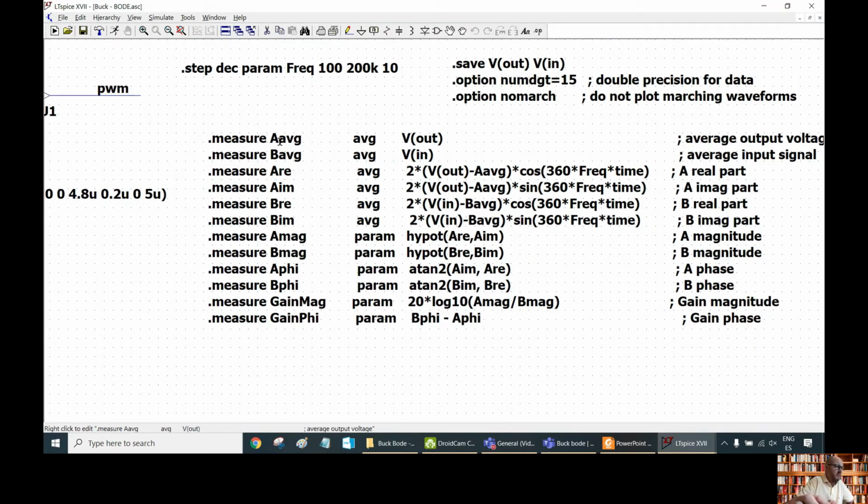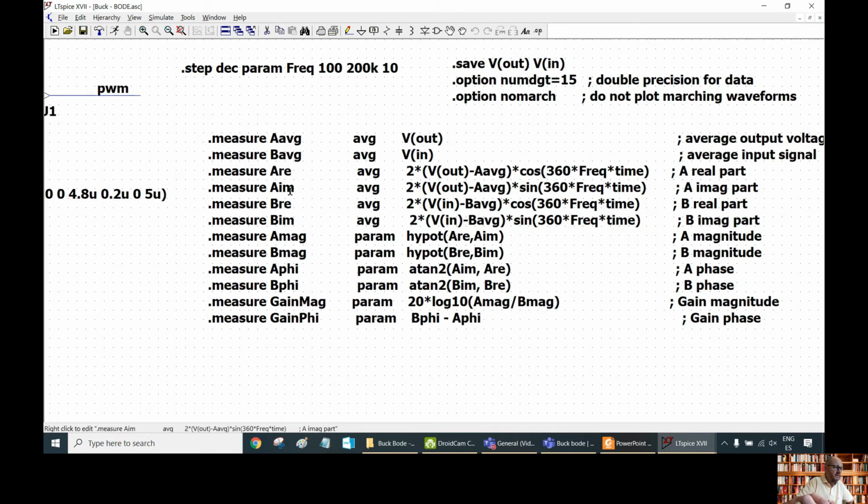We use this measure to measure the average value at the output. A is going to represent the values at the outputs and B the values at the input. First of all, we obtain the average values in order to separate the AC component from the DC component, so the average value of V out and also the average value of V in.